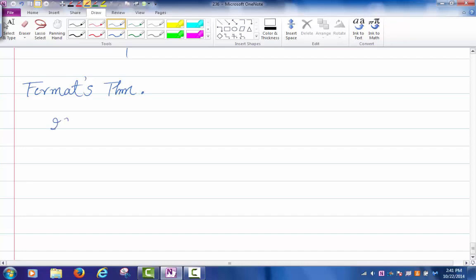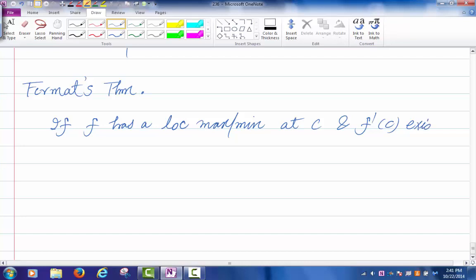It says that if f has a local max or a min at some number c, and f prime of c exists, then the derivative at c must be 0.